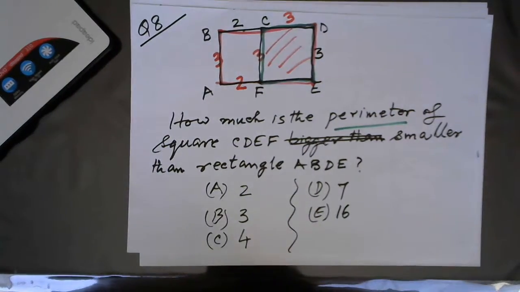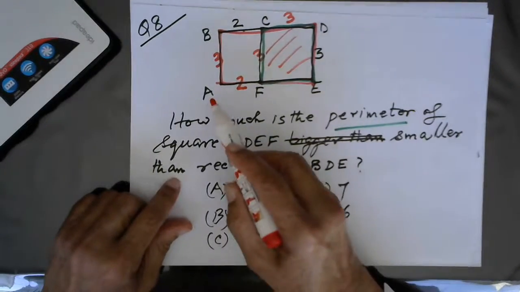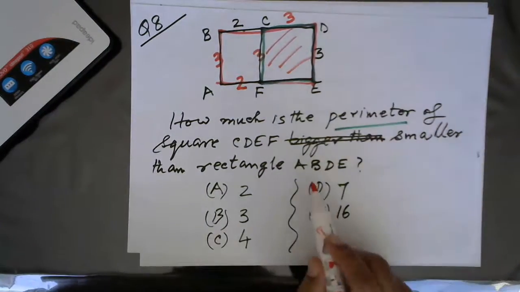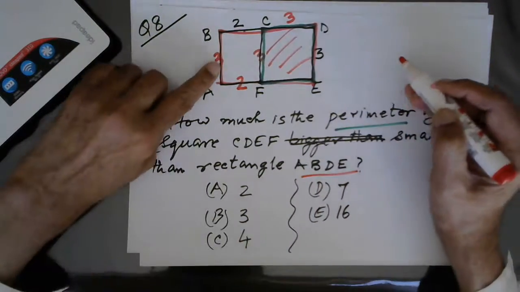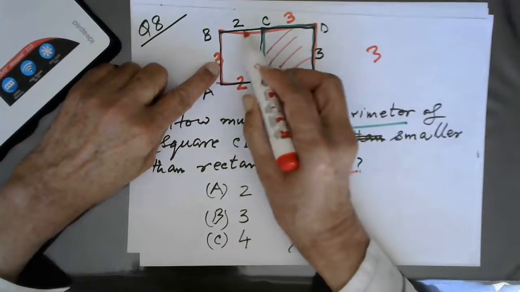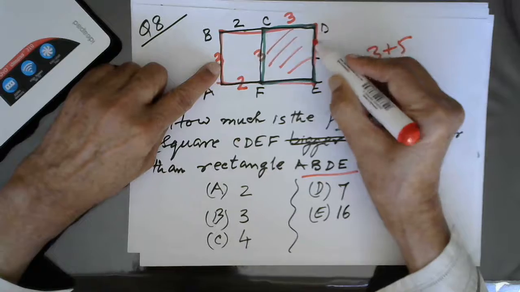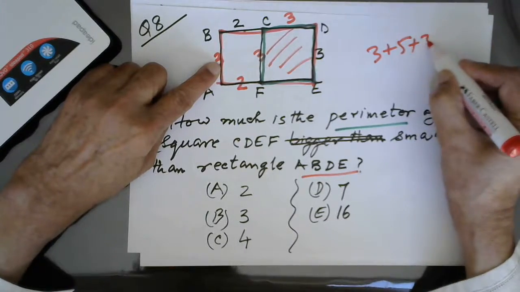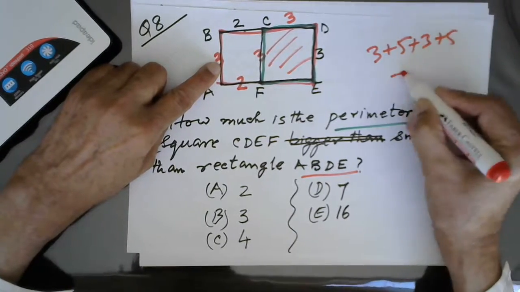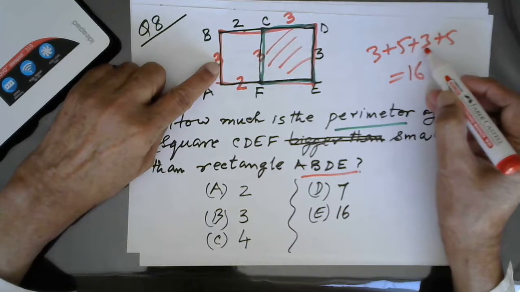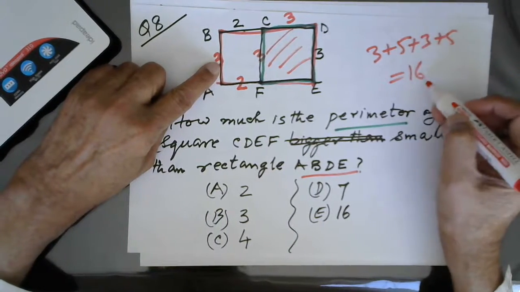So first we find the perimeter of rectangle ABDE. So ABDE, this is 3 and this is 2 plus 3, 5, and we have 3 and 5, so total is 16. 3 plus 5 is 8 and 3 plus 5 is 8, 8 plus 8 is 16.